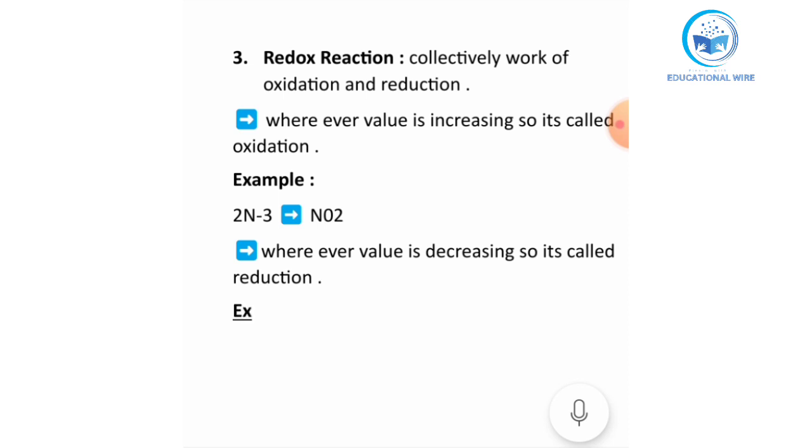Now let's take the example of reduction. In reduction we take chlorine, Cl, also written with 0 in superscript and 2 in subscript.